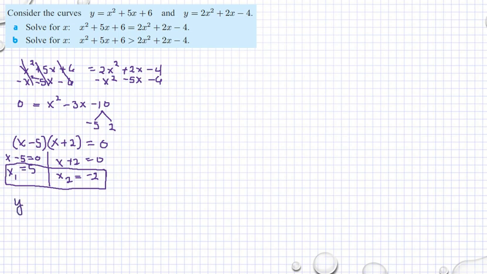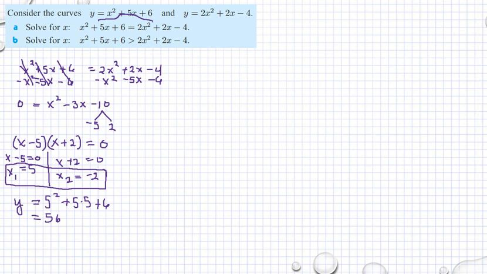If I use this function, then y is equal to 5 squared plus 5 times 5 plus 6. I will write it properly. Then we have 56.